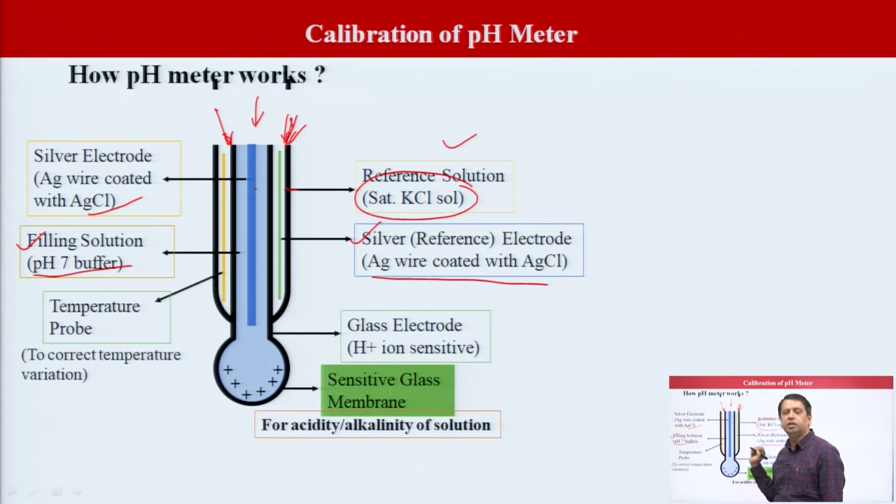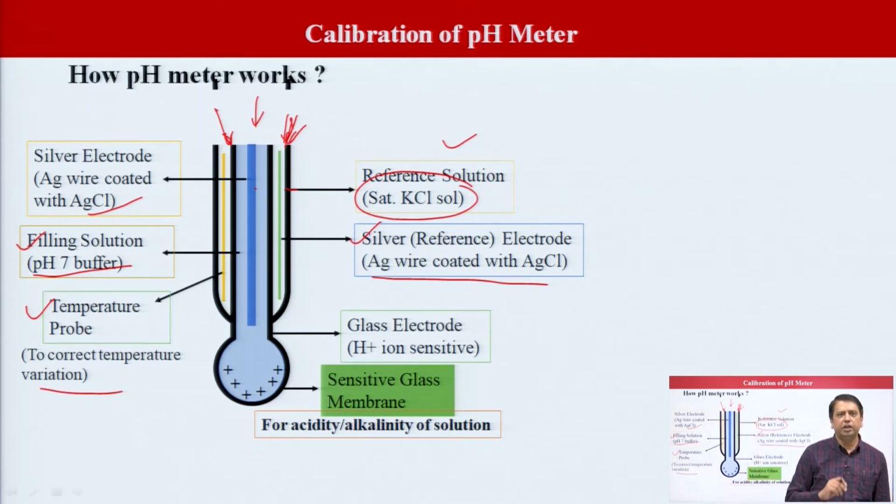This is actually a temperature probe, and it is used to correct for temperature variation. You can easily understand there is a change in the potential because of the change in the temperature. So, this provision is made to control the performance of the pH meter in case there is a change in the temperature.